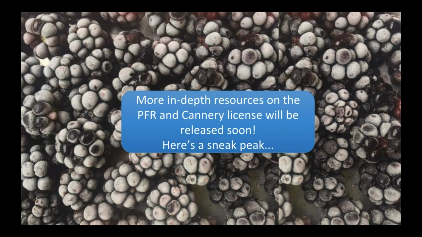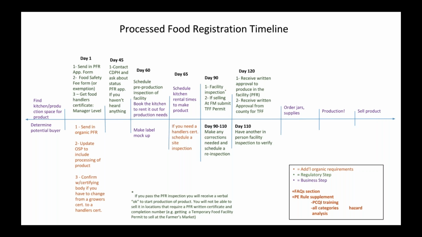So we just want to give you a little bit of a sneak peek of some of the other resources that we're working on as part of this project. You see up on your screen now a timeline for the processed food registration.